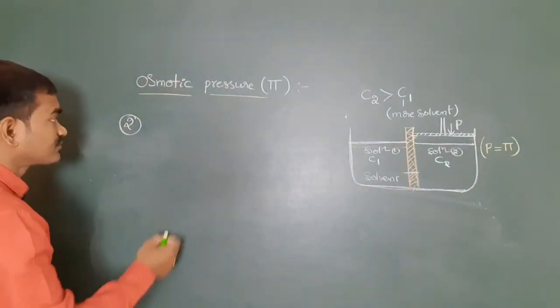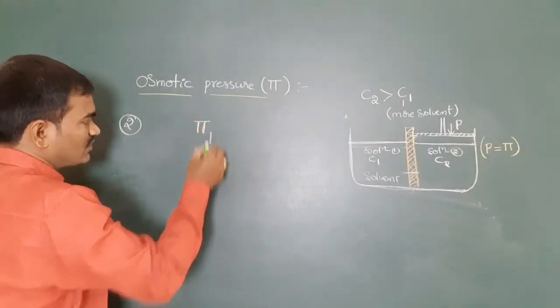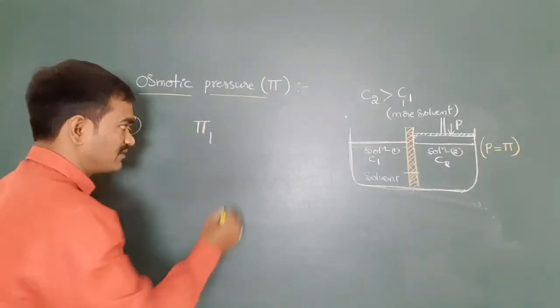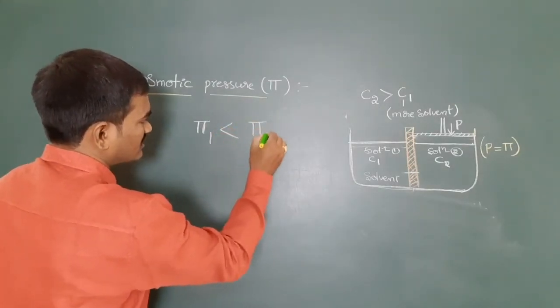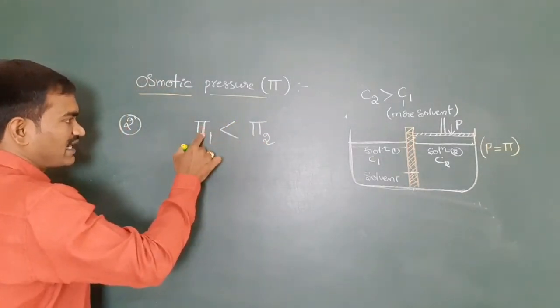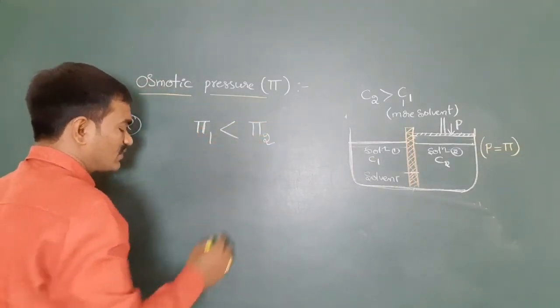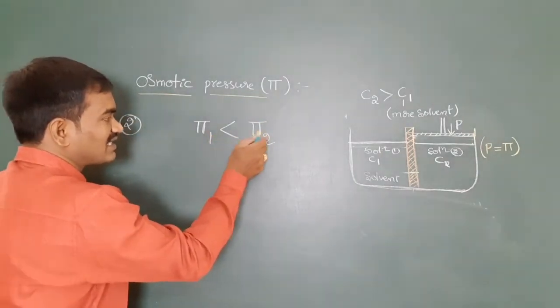Here you see, I am taking one solution, its osmotic pressure pi 1, and it is lesser than pi 2. What I am saying here? This is pi 1, pi 2. Pi 1 is lesser than pi 2.